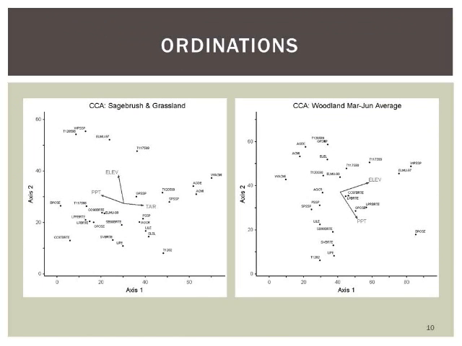If we break that down into sagebrush and grassland sites and woodland sites, the first thing I notice is that solar radiation has dropped out. We developed this solar radiation variable by using a digital elevation model and the ArcGIS solar radiation tool to see how much solar radiation the sites were receiving.